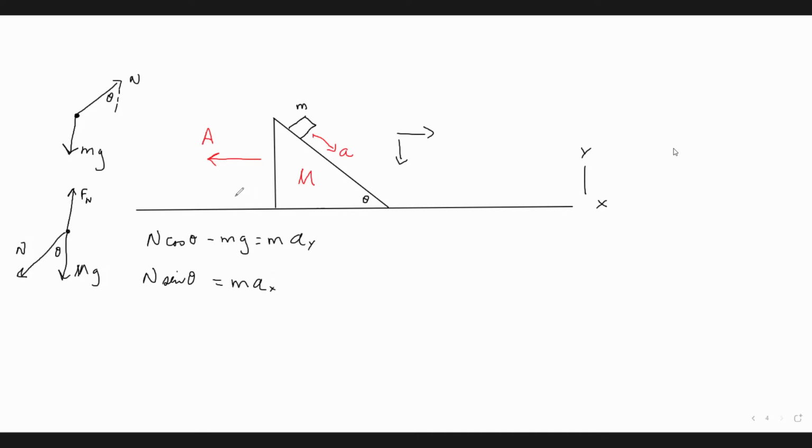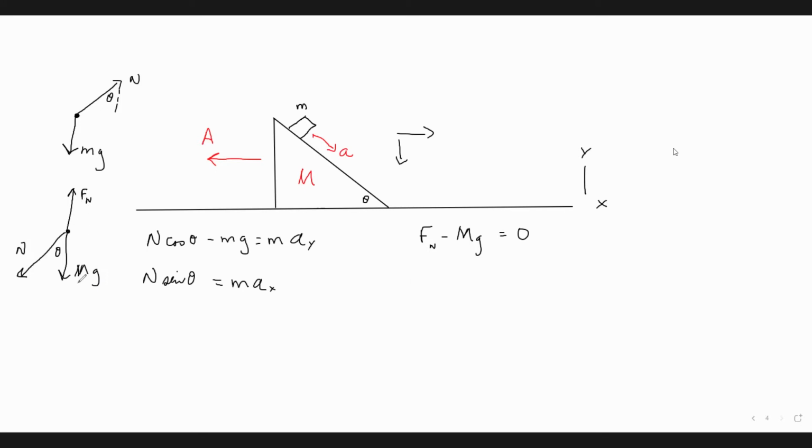Obviously, it's going to be the equation for the wedge. So let's write down the equations for the wedge. Well, I have the normal force minus big mg. Well, that must equal 0 because the wedge is not accelerating up and down. Now, in the other direction, I have, I left something out.